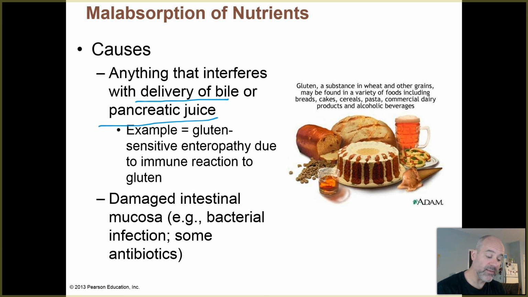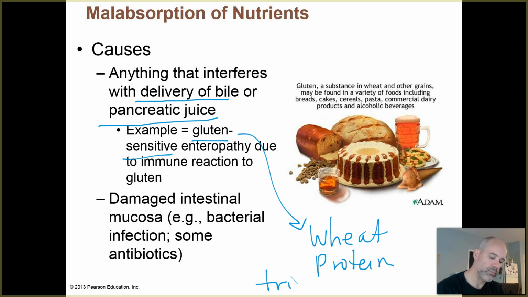People who are gluten sensitive, you know, we're hearing a lot about that these days. Gluten is a wheat protein. And in some people, quite a number of people actually, the immune system sees that as a foreign antigen that it needs to attack. And it's really inappropriate.